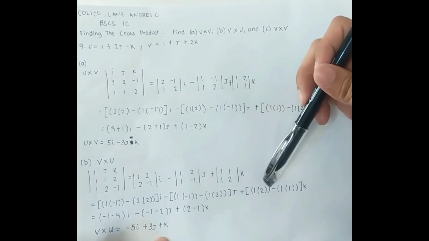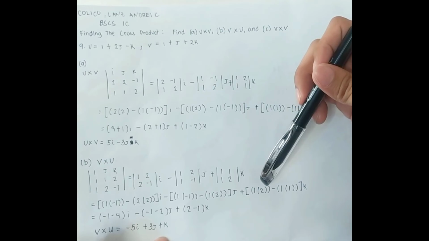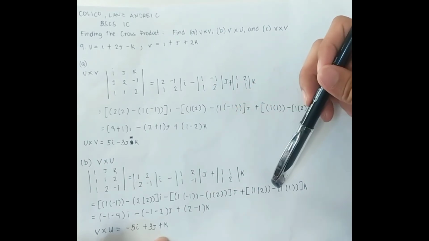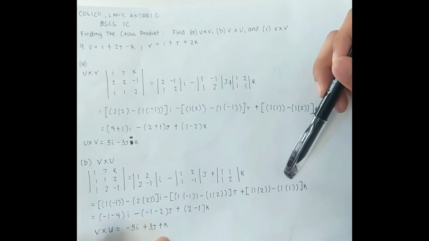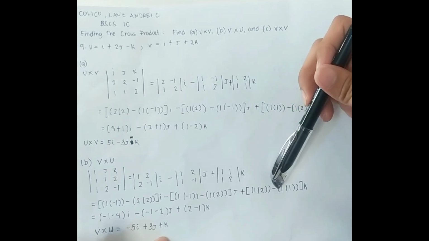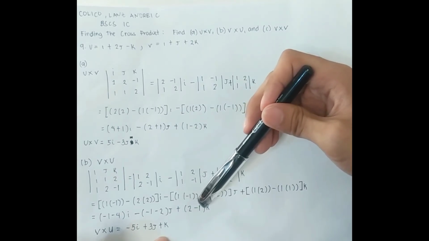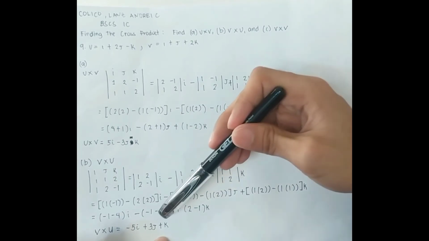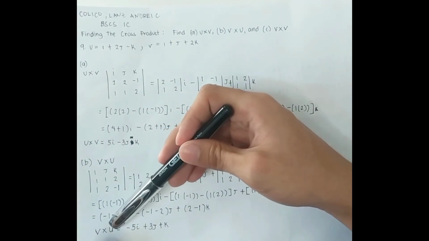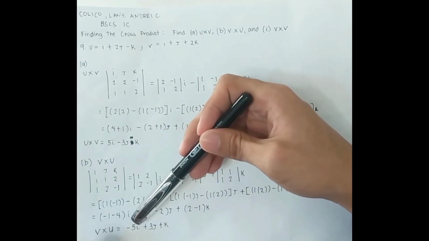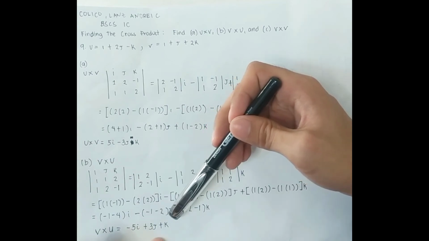Then to get k, 1 times 2, that will be 2. Then 1 times 1, that will be 1. Then minus, so 2 minus 1, that will be positive k. So v cross u is equal to negative 5i plus 3j plus k.